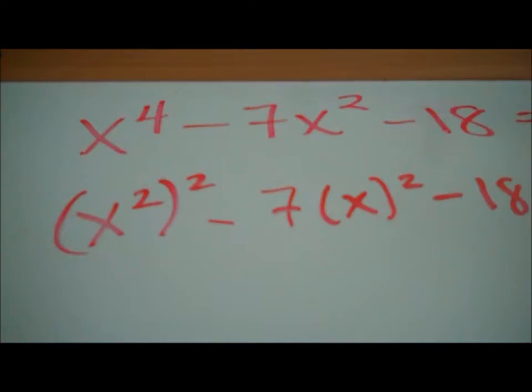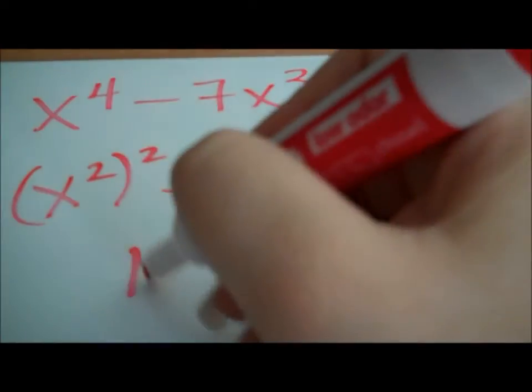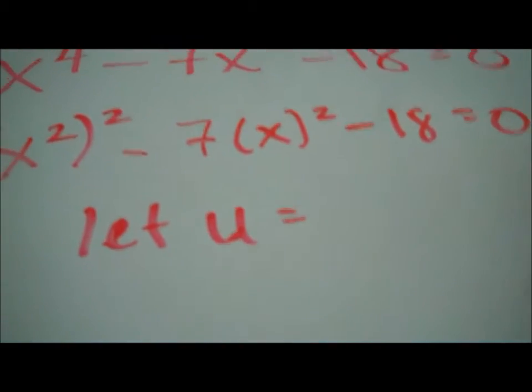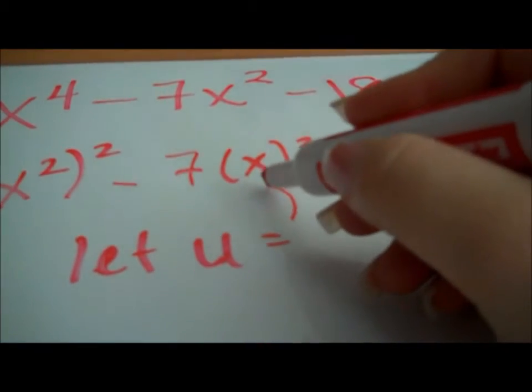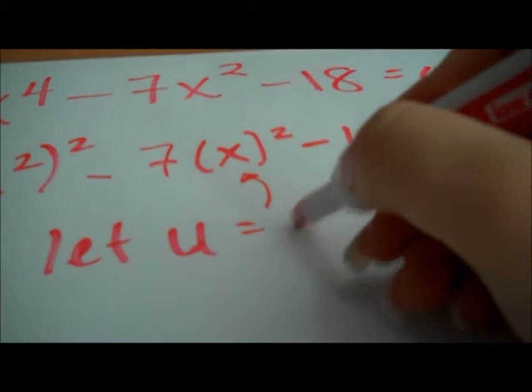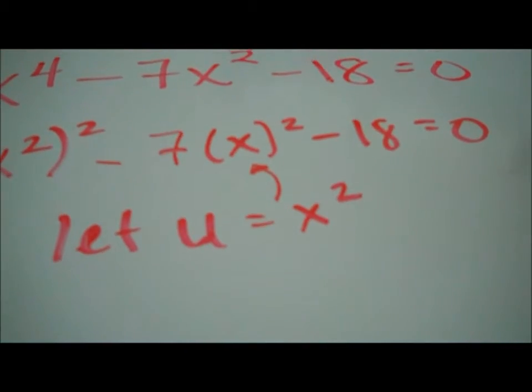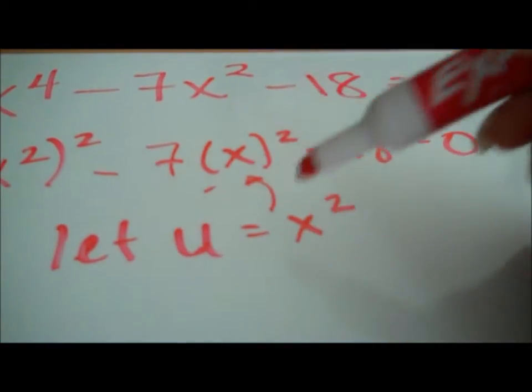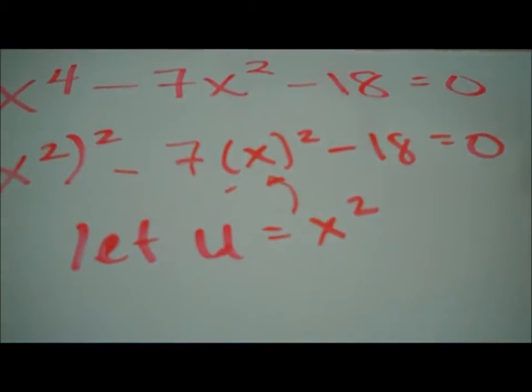Okay, we're going to do a little bit of substitution. I'm going to let a variable u equal x squared. So I'm going to let u equal x squared. It's going to substitute this value right here so that we can get it into our basic format.